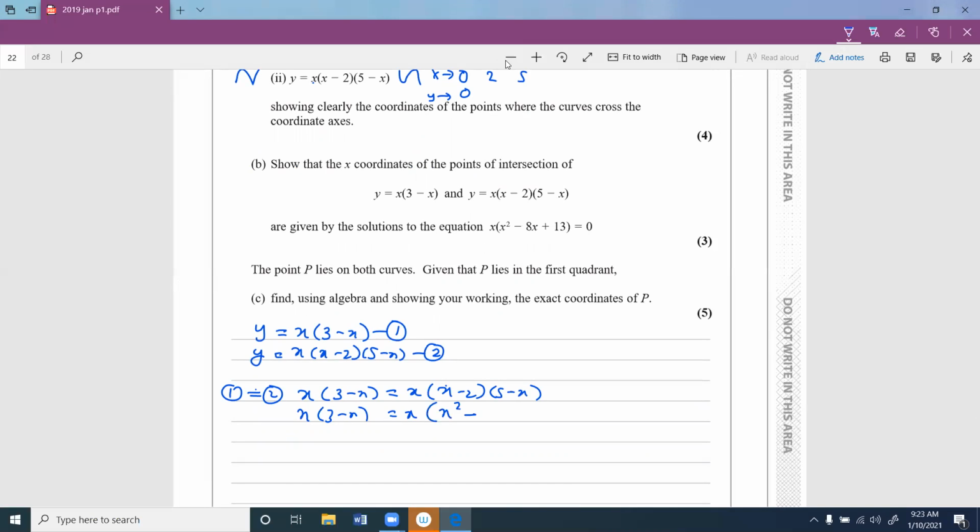x squared minus 7x, sorry, 5x minus, this is x into x is minus x squared. Minus x squared, x into 5 is 5x, plus 2x is plus 7x, minus 10. This is minus 10. Okay, then take all the terms to one side. Then it turns up to minus x squared plus 7x minus 10 minus x times 3 minus x.